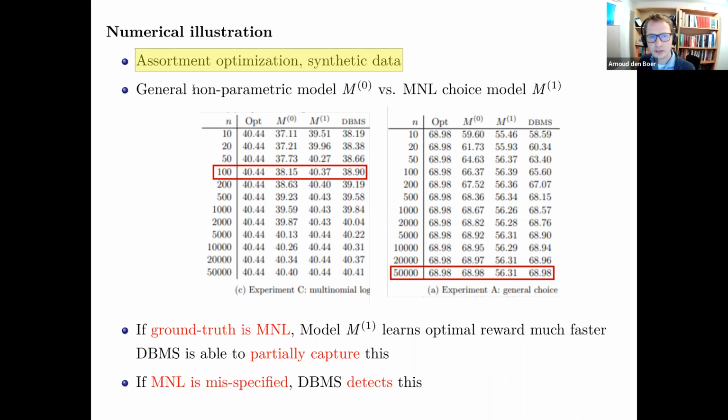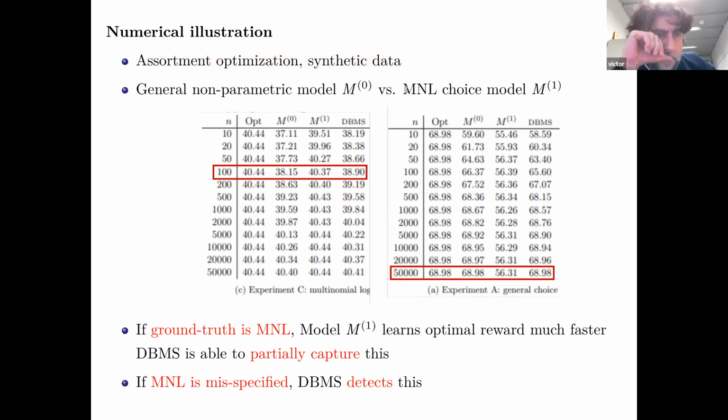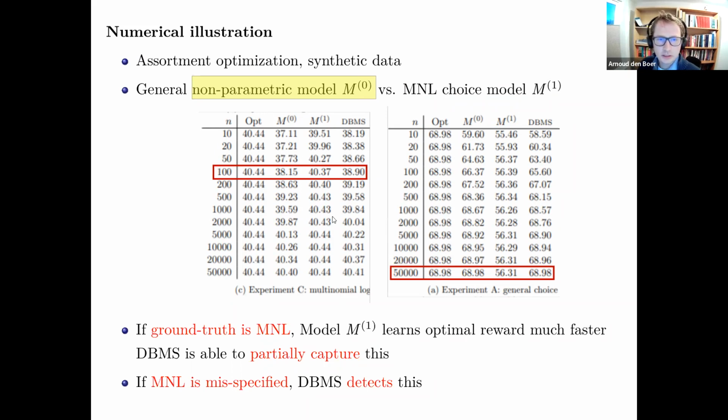In this case, we have some assortments, and the simple model is an MNL model, and the complicated model is a non-parametric choice model. Here you see two tables of two experiments. In the left table, the ground truth was MNL. So the simplified model was actually correct. In that case, of course, you want to use the simplified model.